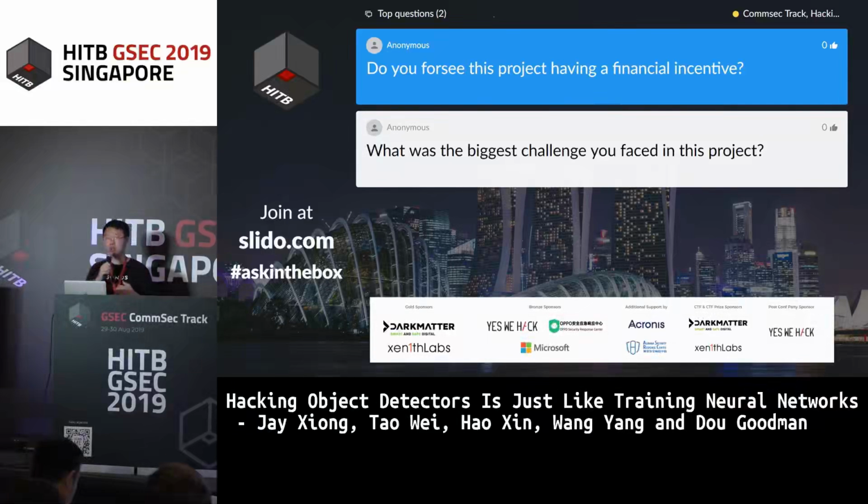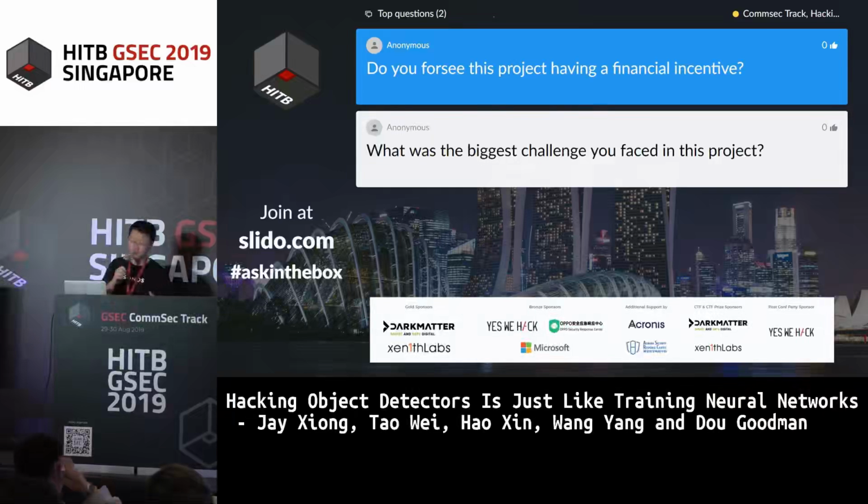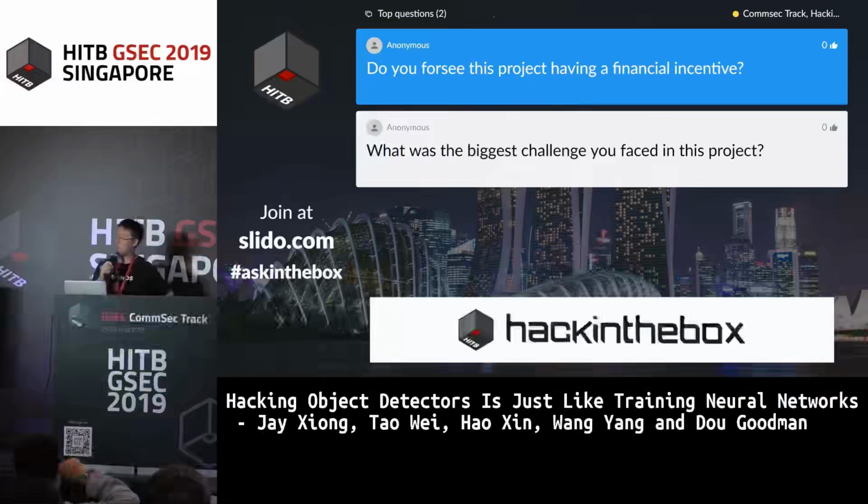We haven't found that somebody used this to do something, but we think this is a meaningful project, and we want to show that for a model used by everybody, by just changing a few lines of code, you can generate such a sticker. So we think it's a problem we want to share. As for financial incentive, maybe not at this stage. I didn't have too many thoughts on this. Thank you.